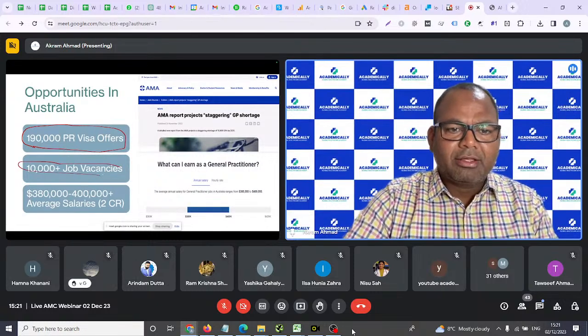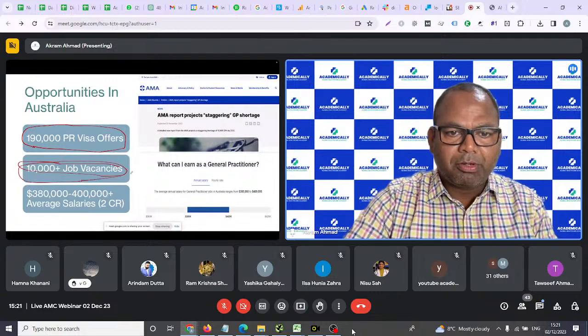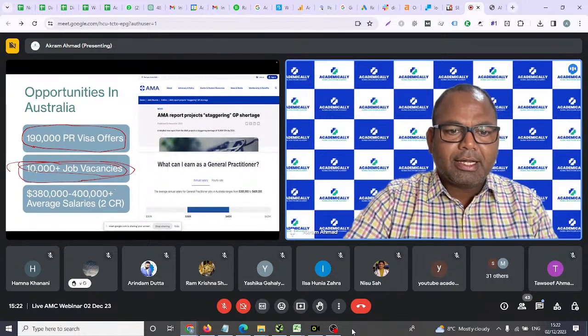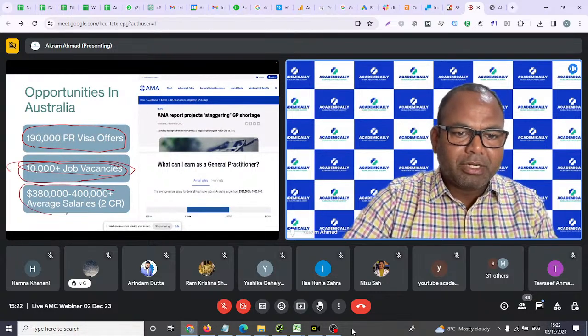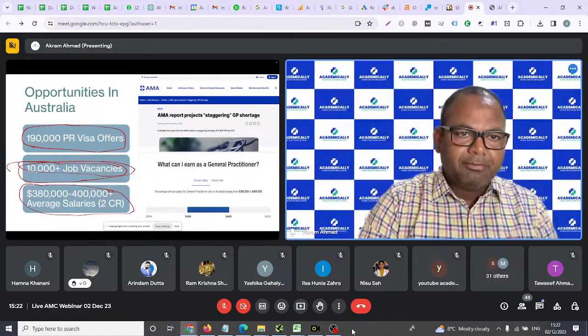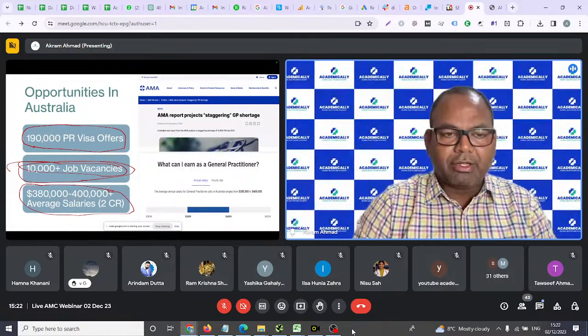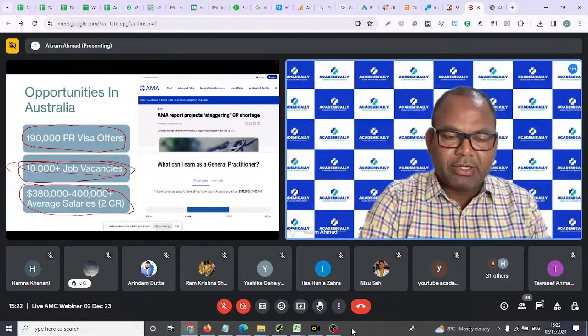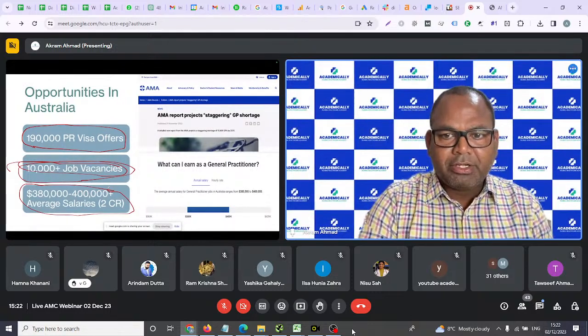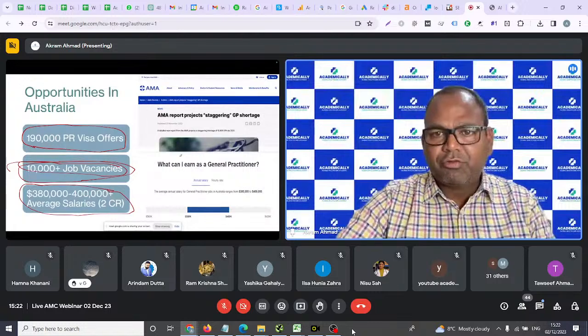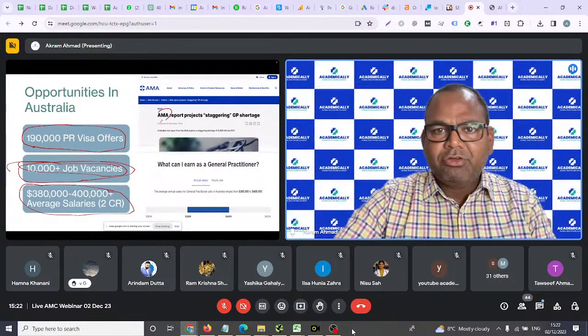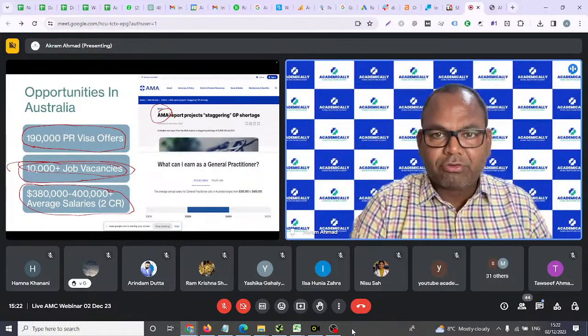A lot of job vacancies are currently available, so jobs are not a problem in Australia, and the salary is very, very high. If you compare this salary with the UK and the US, this is the highest salary I can say, and you can save and spend a lot of money. Here is news from the AMA, the Australian Medical Association.